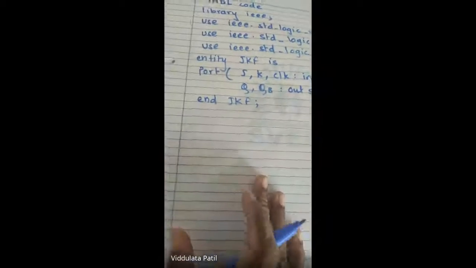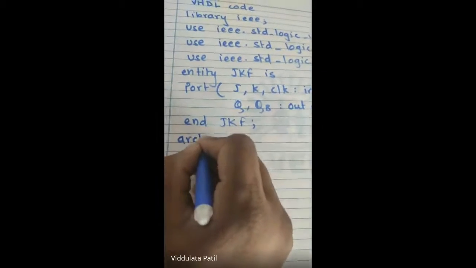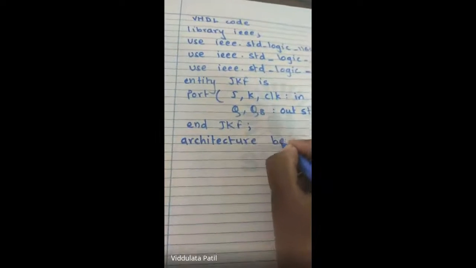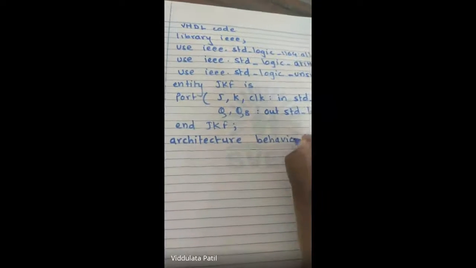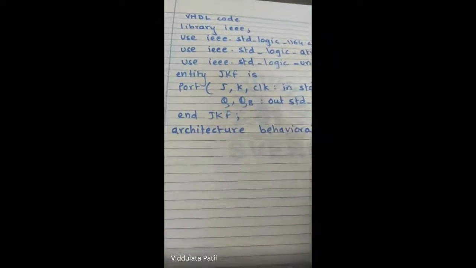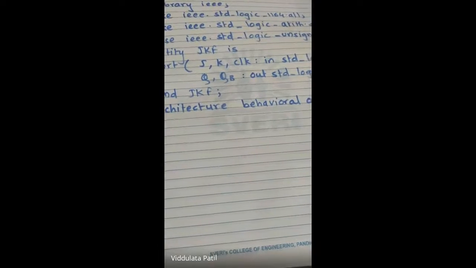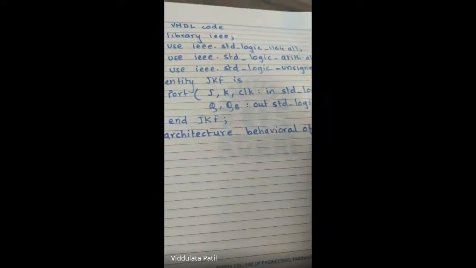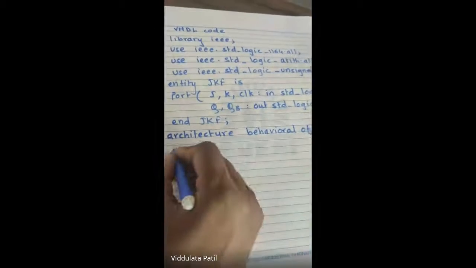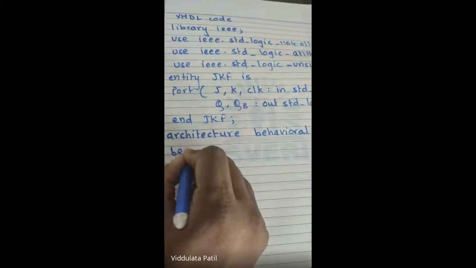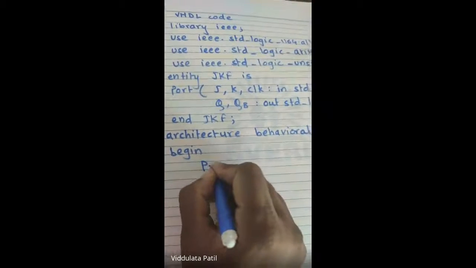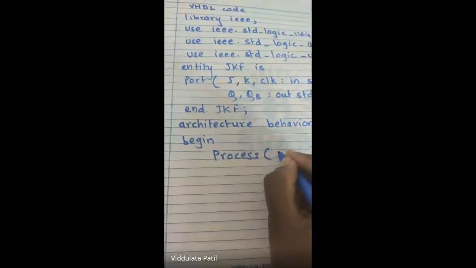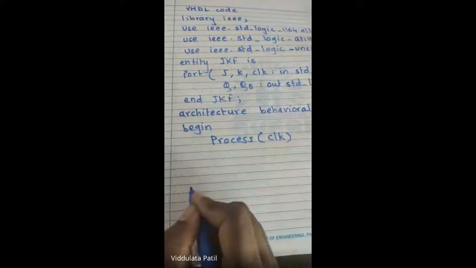Okay. Then let us write the architecture. Architecture behavioral of JKF is, then begin of this architecture, and then we will declare one process which has the sensitivity parameter that is the clock.